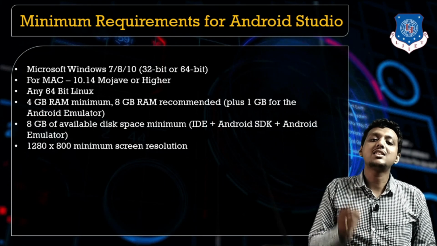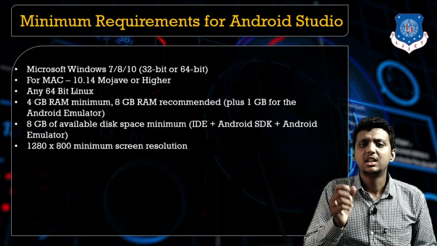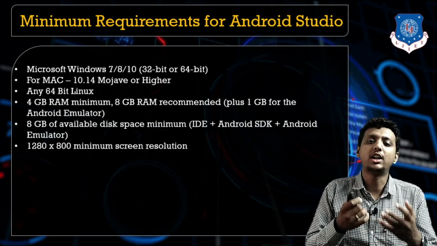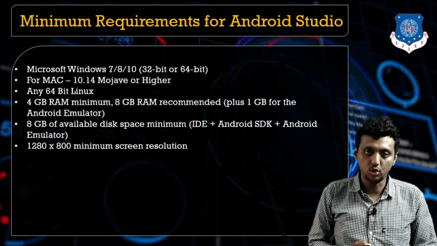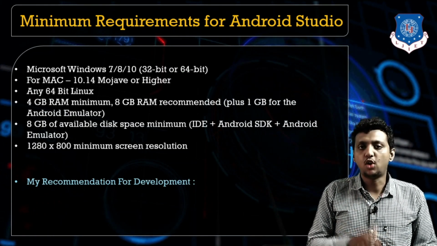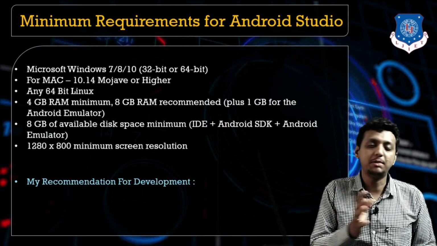The screen size is 1280 by 800. That is the minimum screen resolution to develop code or an application using Android Studio. What I suggest for developers, if you want to become an Android developer, is that your system must be cool and very fast.